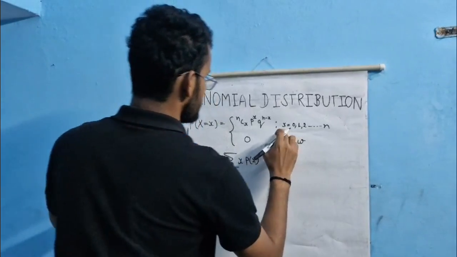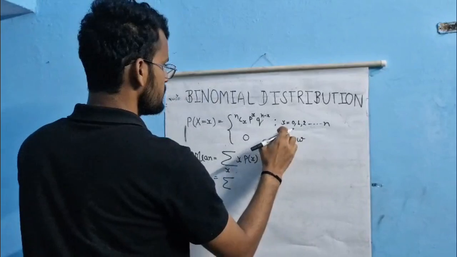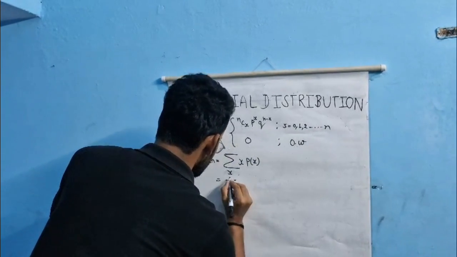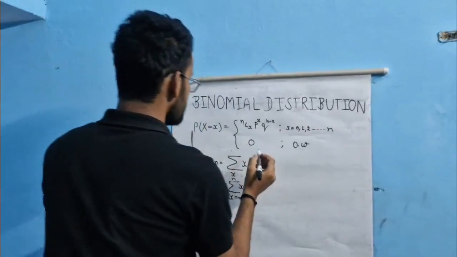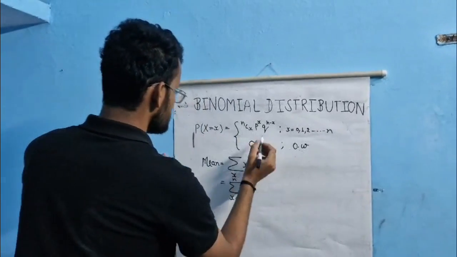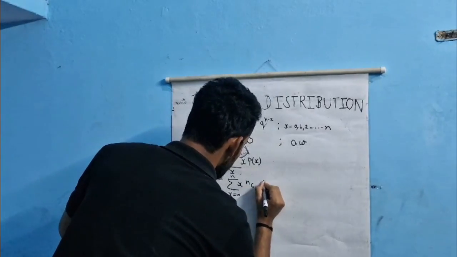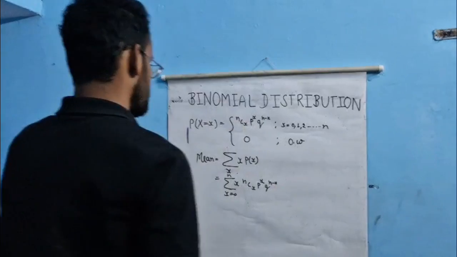Here it is clearly visible that the range of binomial distribution goes 0 to n. The probability density function of binomial distribution is nCx p raised to the power x q raised to the power n minus x.